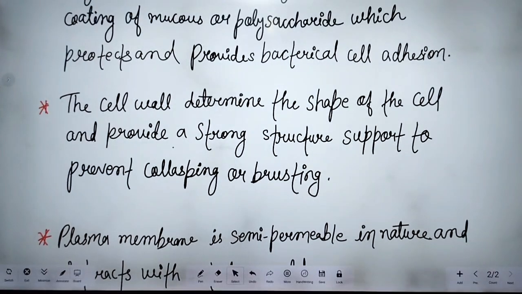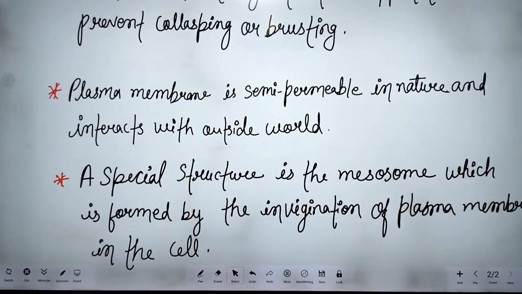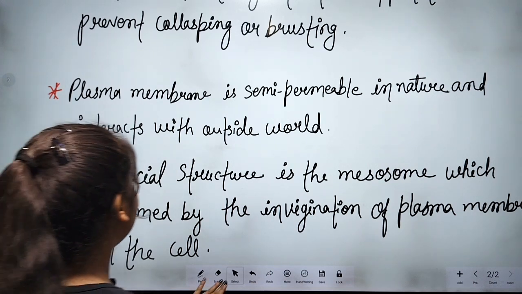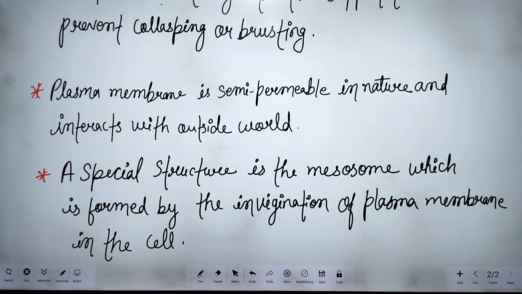Then the next point about the plasma membrane: it is semi-permeable in nature and interacts with the outside world. And the last point is that the special structure, the mesosome, is formed by the invagination of the plasma membrane in the cell. I hope you understand the prokaryotic cell. These are some very important points related to its cell envelope.